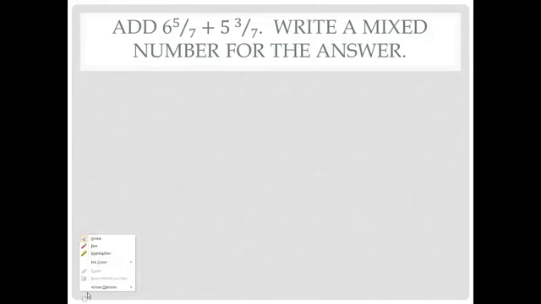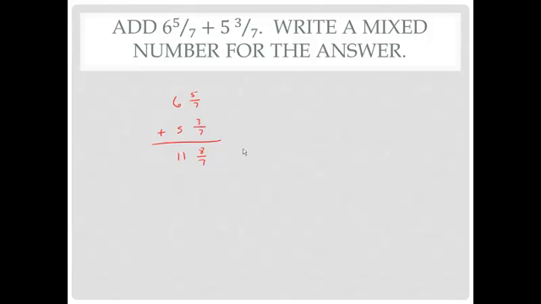Okay, add these two numbers. So we're going to add these two mixed numbers. They already have a common denominator. So when I add the fractions, since they already have a common denominator, I can say 5 plus 3 is 8. When I add these two, I can say 6 plus 5 is 11. Now, 8/7 is an improper fraction, and we can't leave an improper fraction within a mixed number.